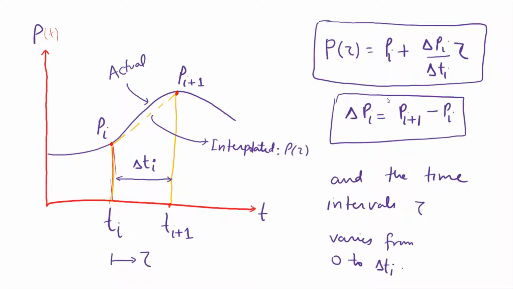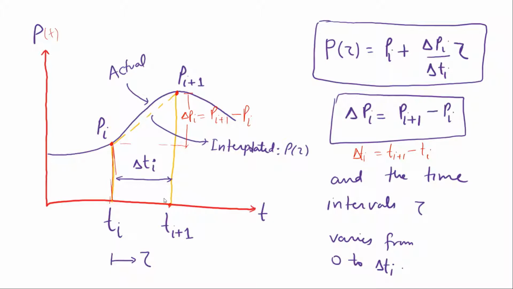So the discretized time step is delta t_i, which is t_(i+1) minus t_i, and P_(i+1) minus P_i would be this much. So this would be delta P_i, which equals P_(i+1) minus P_i. Okay.